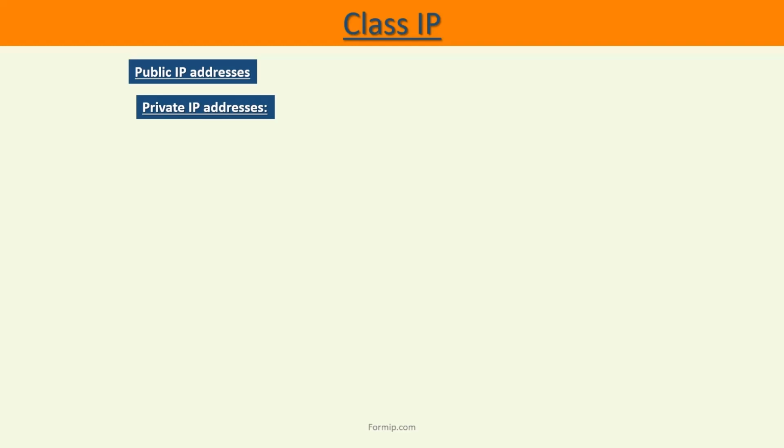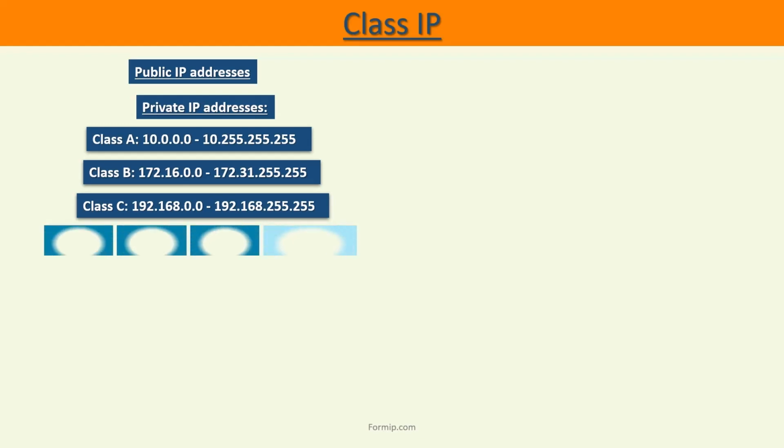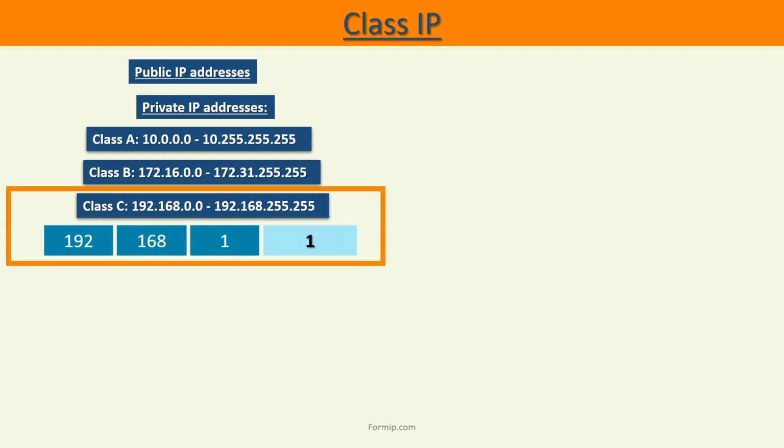The private IP address ranges are 10.0.0.0 to 10.255.255.255 for Class A, 172.16.0.0 to 172.31.255.255 for Class B, and from 192.168.0.0 to 192.168.255.255 for Class C. The IP address 192.168.1.1, which we use as an example from the beginning of the lesson, falls into Class C, and it is a private IP address. It is not routable on the Internet.